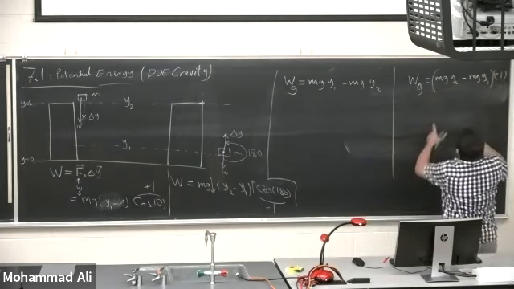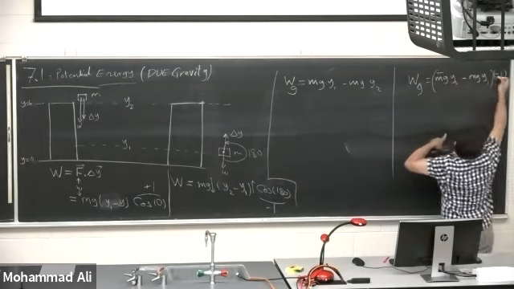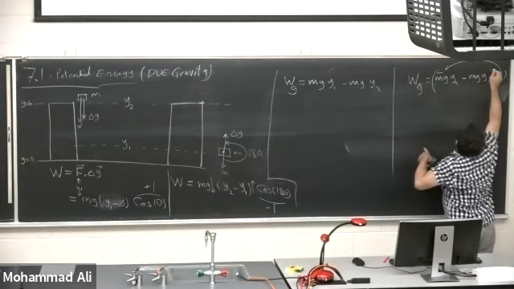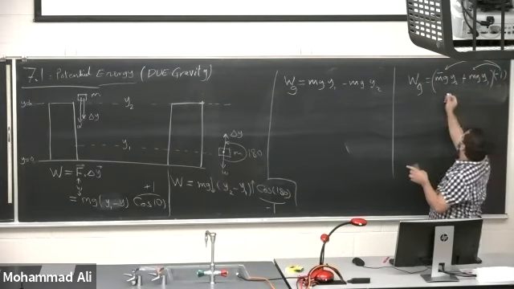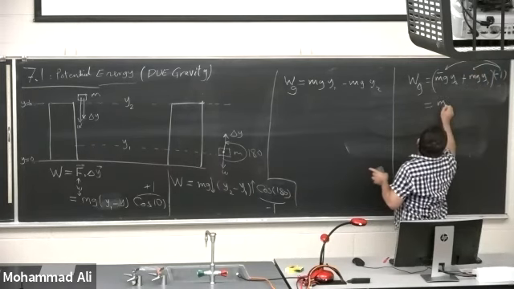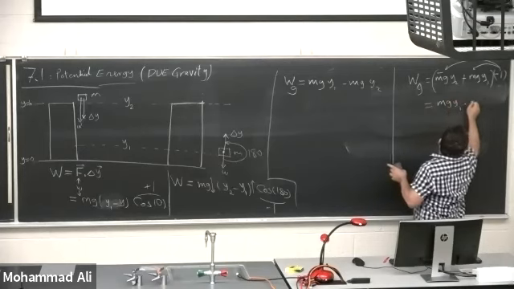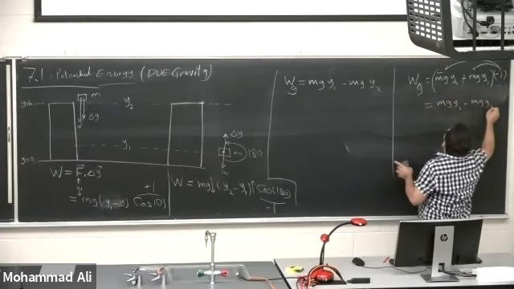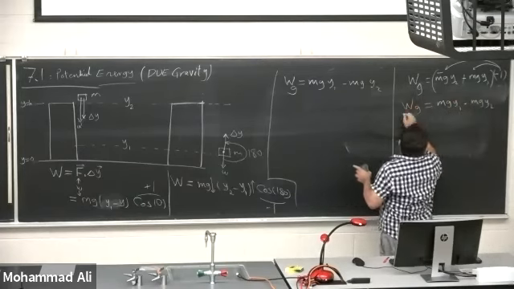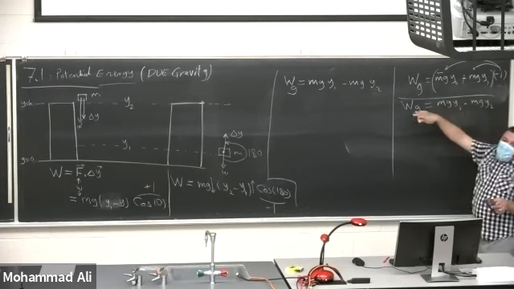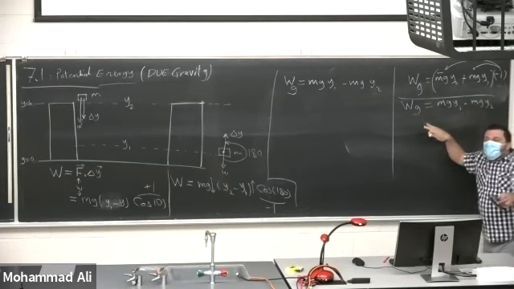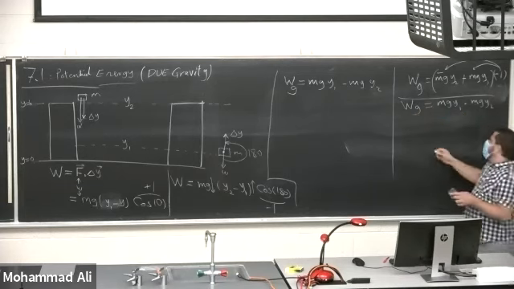Then this will have a negative sign, and this will have a positive sign. So if we reorder it, it will be mg y1 minus mg y2. This is the work due to gravity, not weight, I'm sorry.